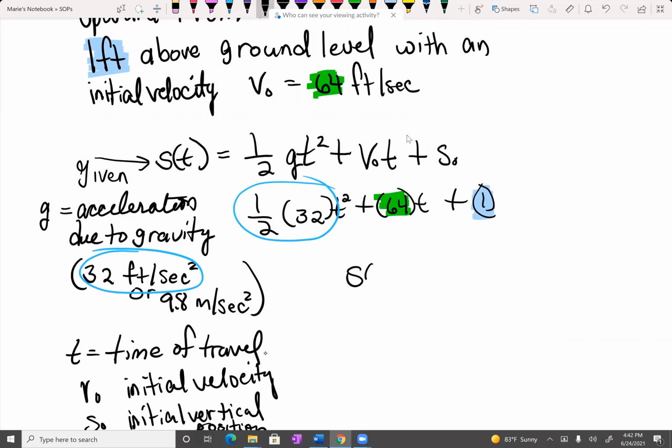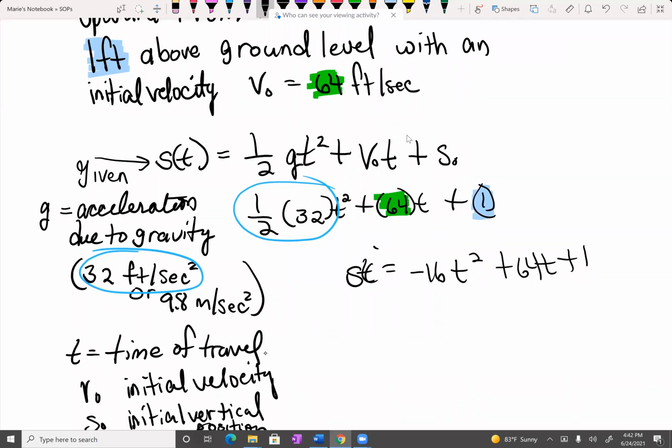You find that s of t, which is what we're looking for, is equal to negative 16t squared plus 64t, and then plus 1. That's all they're asking you to do there.